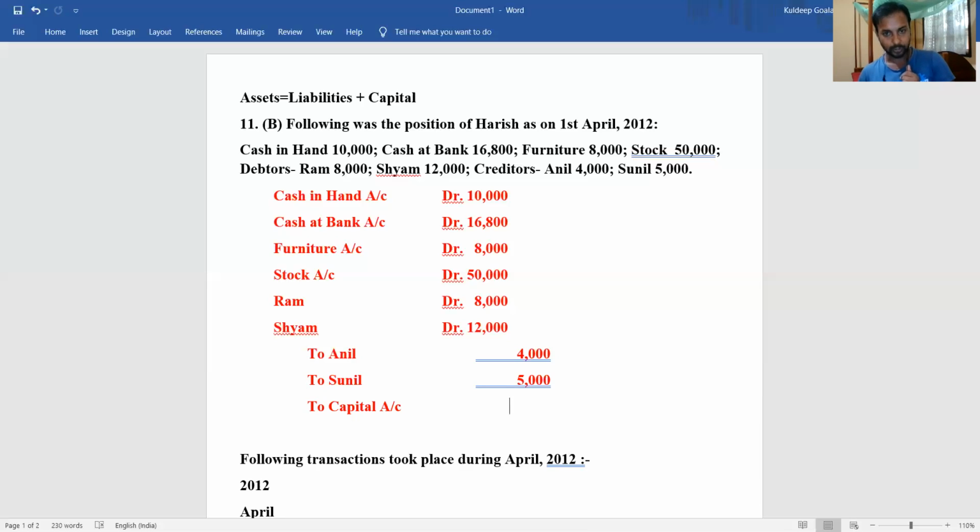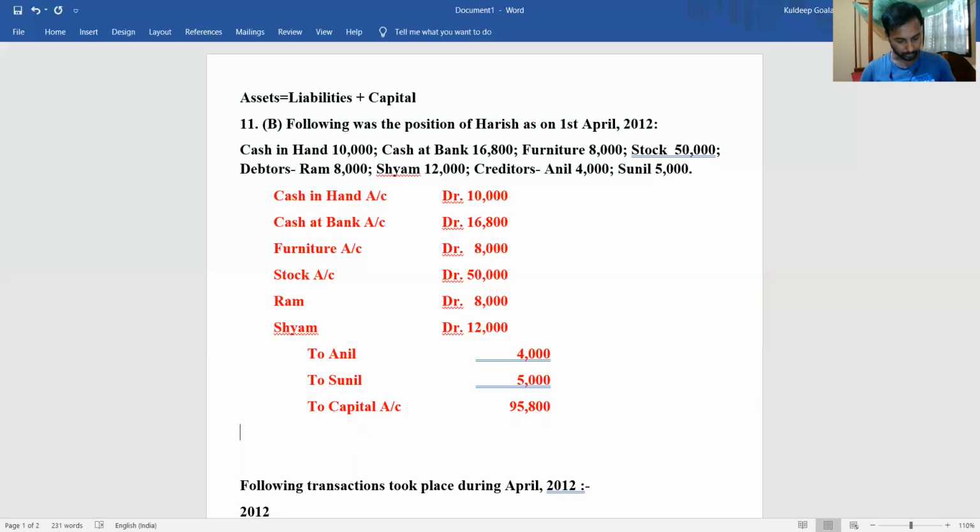Then 84,800. Then 92,800. Then 1,04,800. Ultimately, if we deduct, it will be 95,800 rupees. Clear? So this is the closing balance, capital balance.